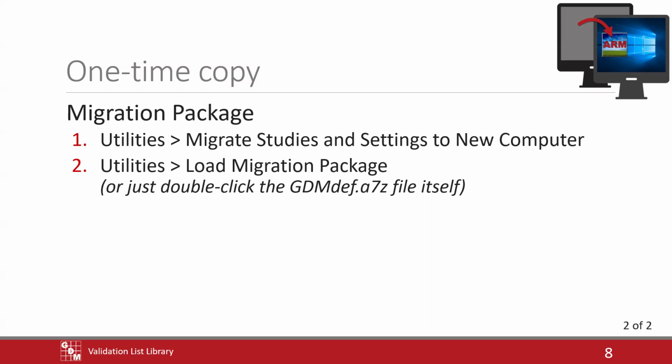A little trick, I guess, as I was kind of testing that workflow to make sure it would work. When you make a migration package, maybe I'll see if I can find it on my computer here. When you make a migration package, like I said, there'll be kind of two components that get created. And so a shortcut would be, here we go.